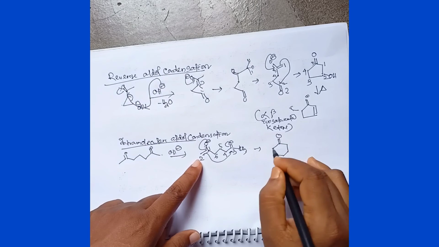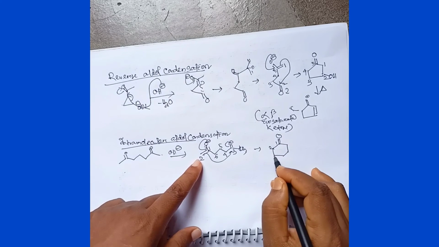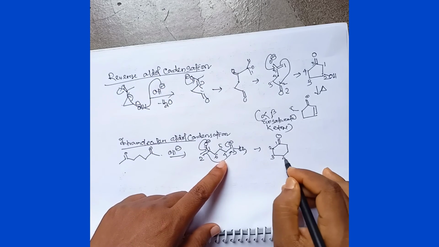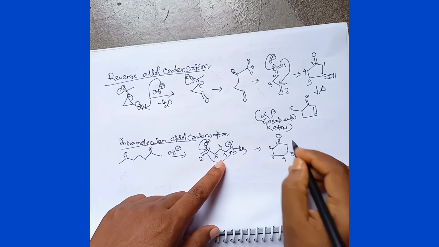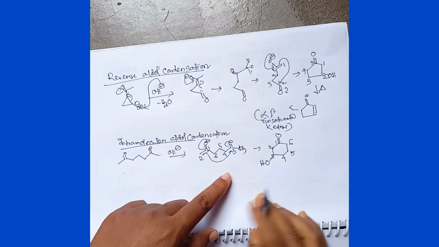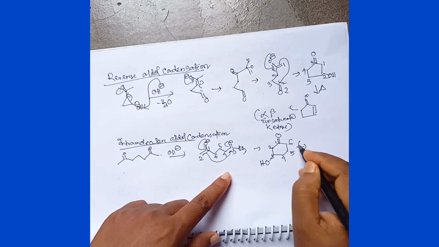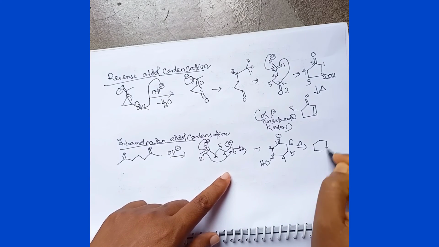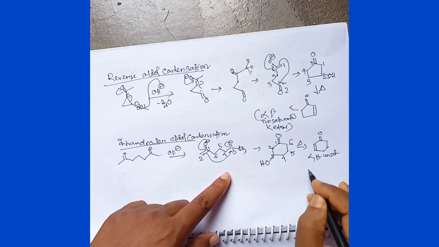So 1 2 3 4 5 6. In the place of 3 there is one OH. Now this on heating will form alpha beta unsaturated ketone.